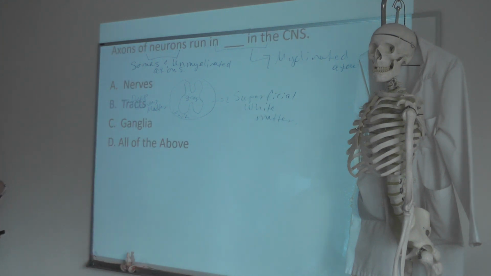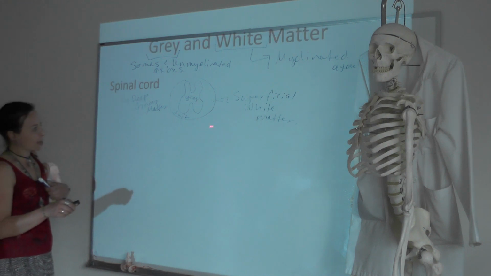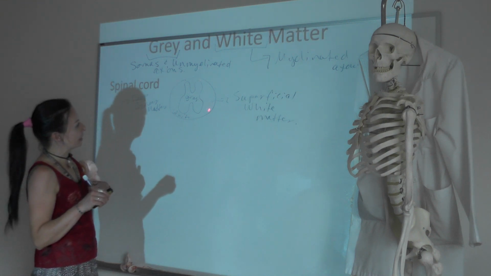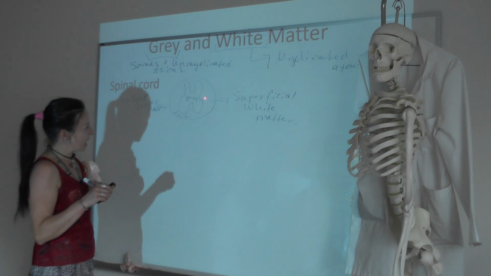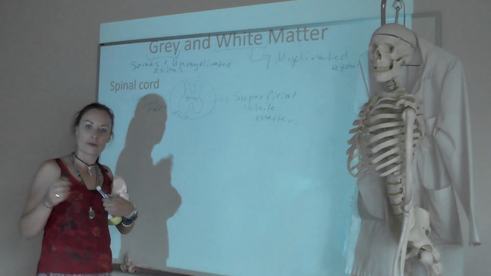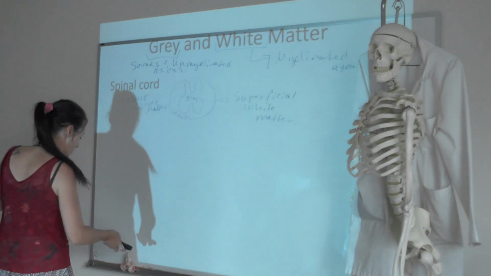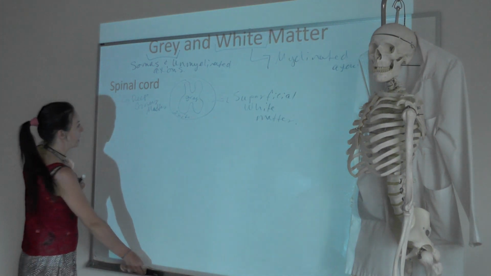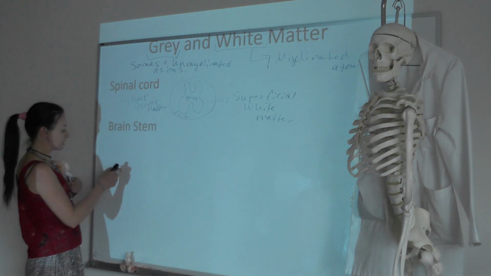Axons of neurons run in what in the CNS? They run in tracts. So this white matter is myelinated axons, running in ascending and descending tracts of neurons that are bringing information to and from the brain. So pretty cool. Okay, then what about when we get to the brainstem?